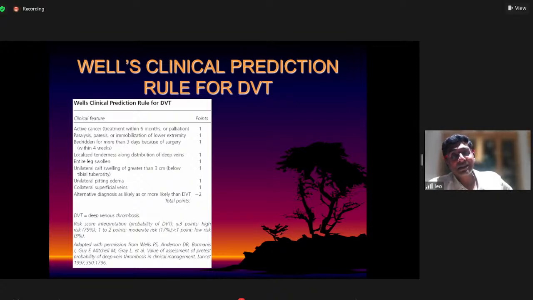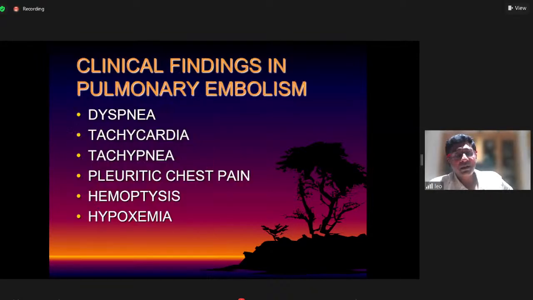Each has 1 point, except for the last, alternative diagnosis as likely or more likely than DVT, which, if present, gives a minus point. If you have a risk score of 3 or more, the chances of DVT are high.